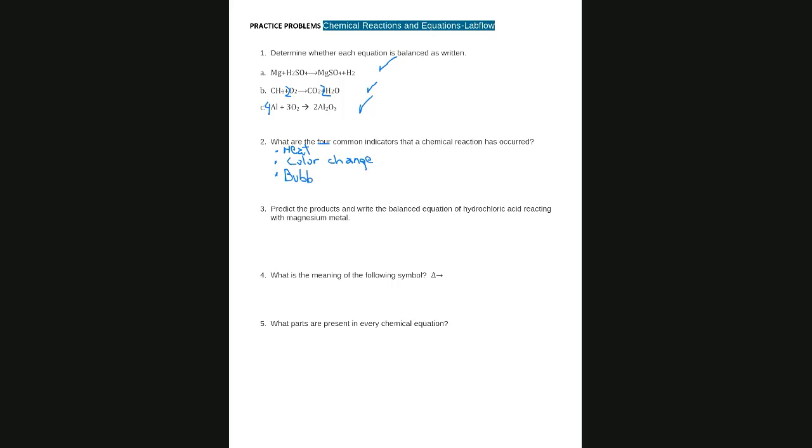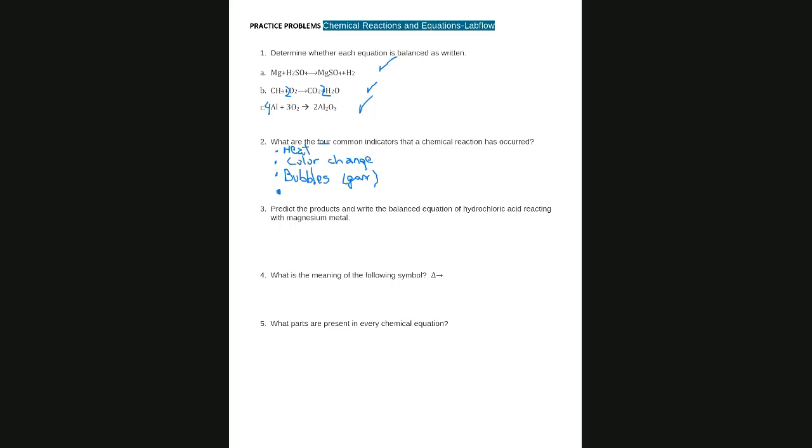Bubbles are another indication because bubbles mean a gas is formed. This is what we will do when we get to the report section of this workshop. You will have to pay attention if bubbles come or if a gas is formed.